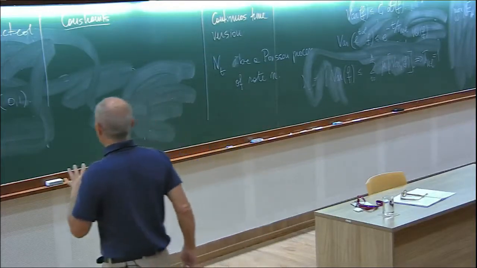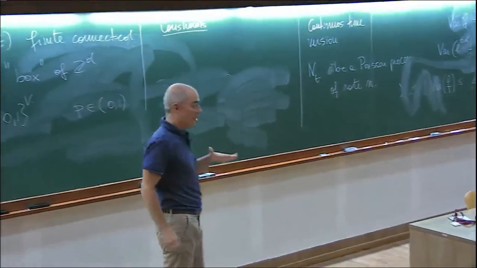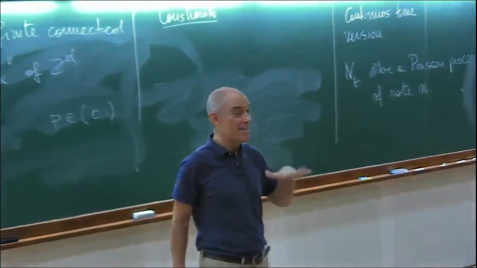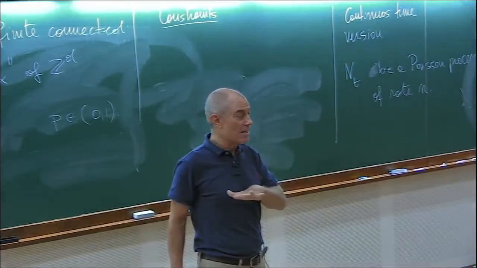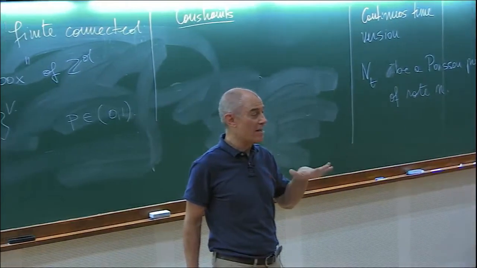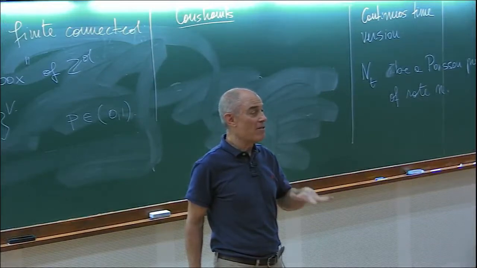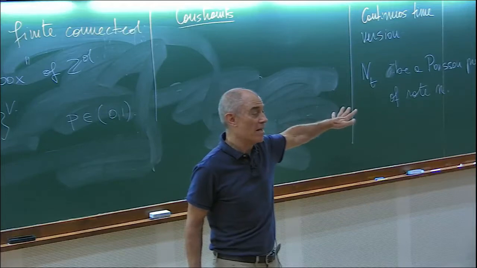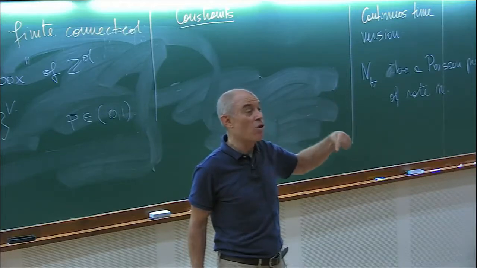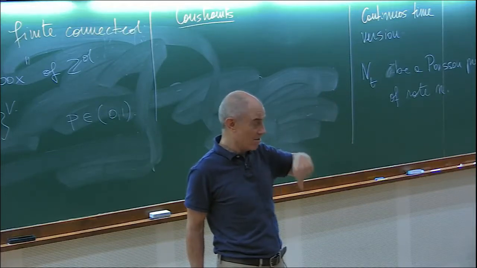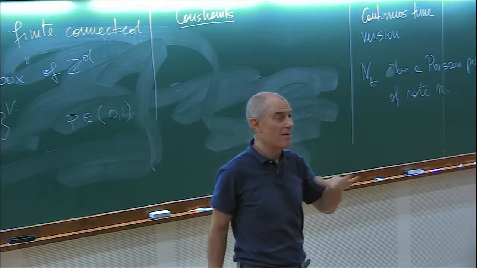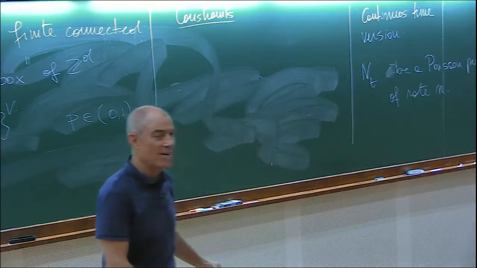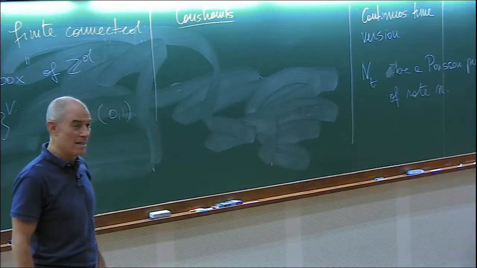Since the constraint does not look at x itself, it is easy to see that the chain that you get is still reversible with respect to the same measure, the product measure mu. Okay? If instead you also check your state, the state at x, then this reversibility is completely lost and you're looking at a completely different model. Okay?